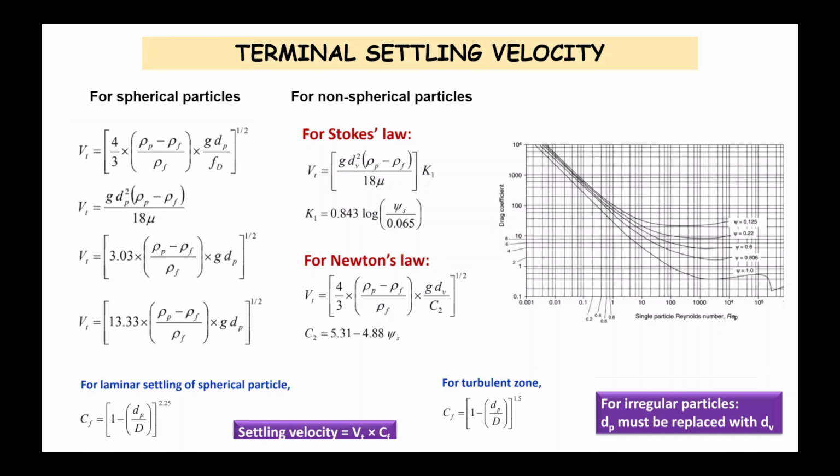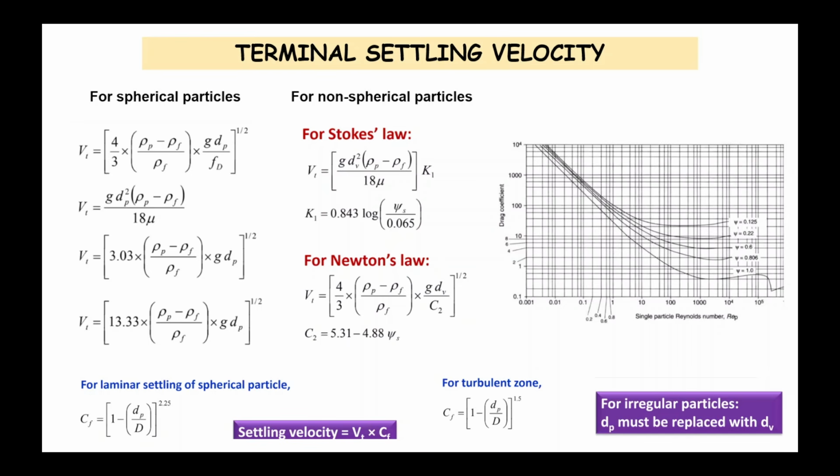Now, if the wall has an effect over the particle flow, then again the equation will be different. So you need to multiply the terminal velocity equation with a CF factor, where CF is defined as 1 minus dP by d, where d is the diameter of the tube, to the whole power 2.25. This is for laminar flow.